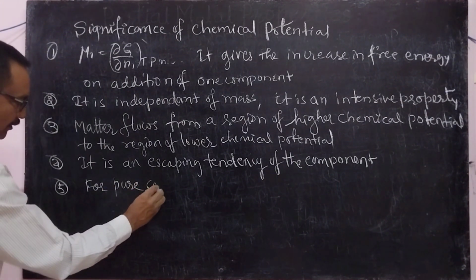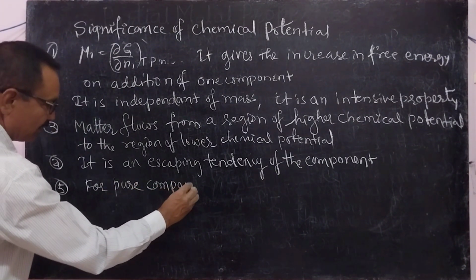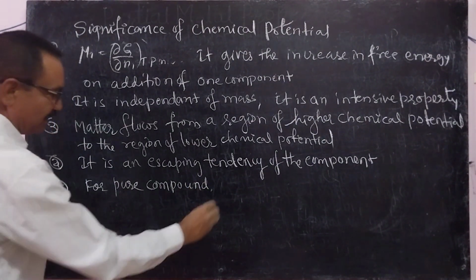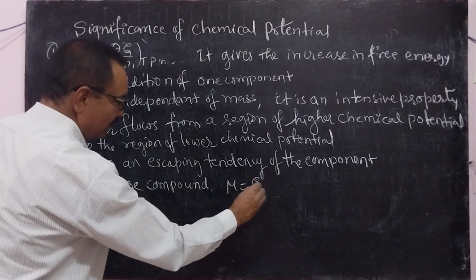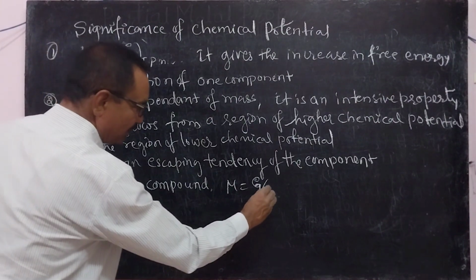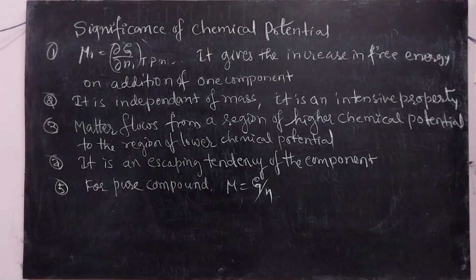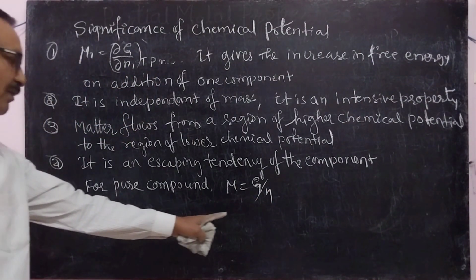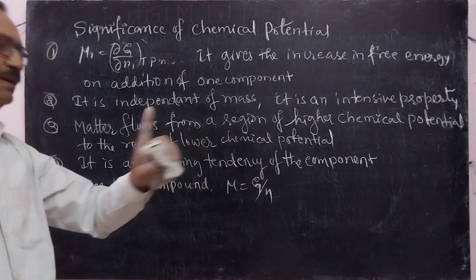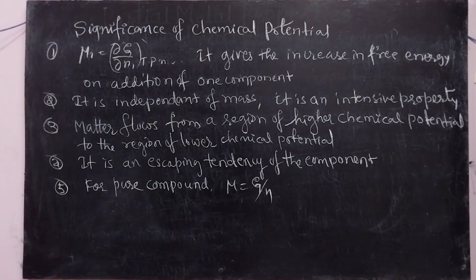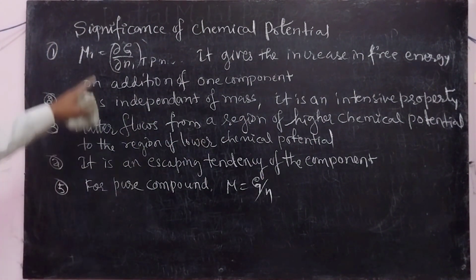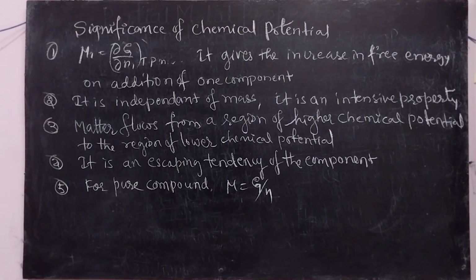For pure compounds or systems, chemical potential is the ratio of free energy to the number of moles. That is free energy per mole, that is G divided by N, where N is the number of moles for pure substances. These are some significance of the chemical potentials.